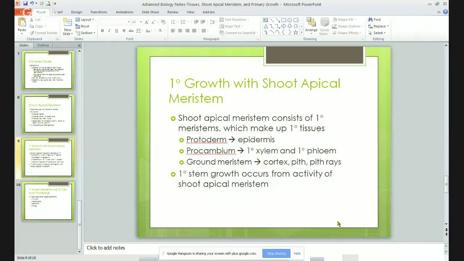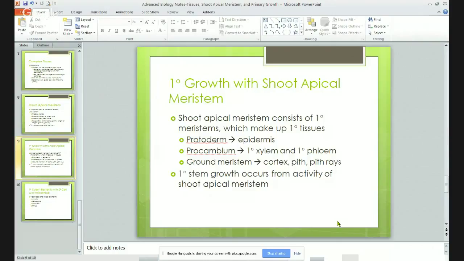So if you go ahead and flip your page over, I've taken a cross section of your stem. Now we're not really talking necessarily about the shoot apical meristem. We're basically getting another view of how all of the tissues are oriented in your stem.